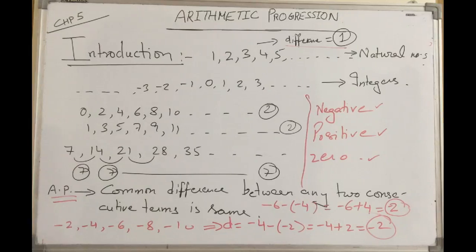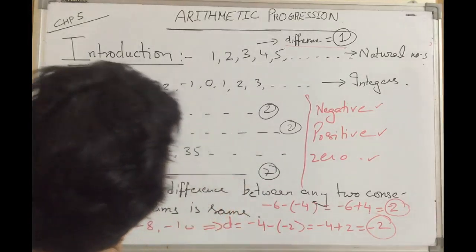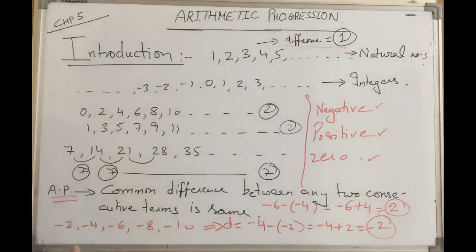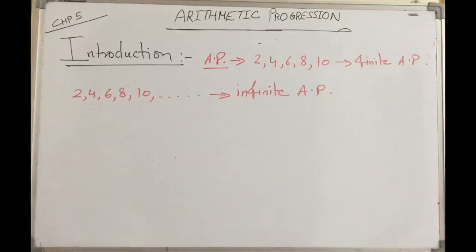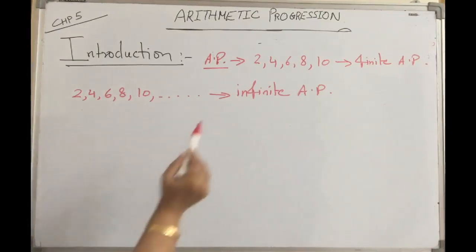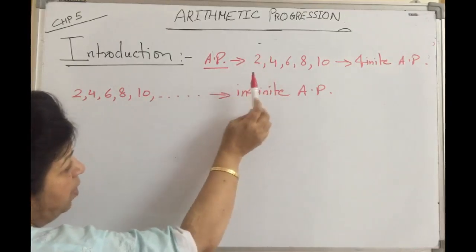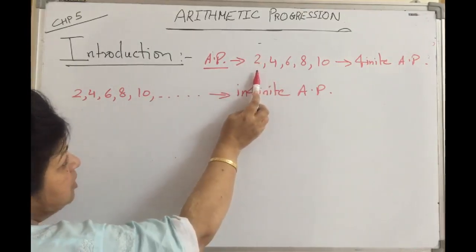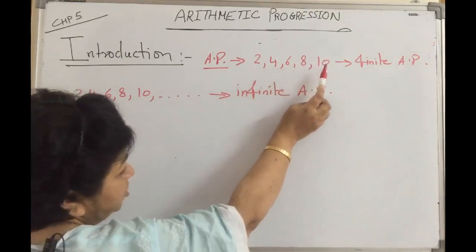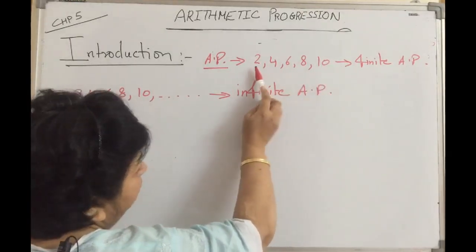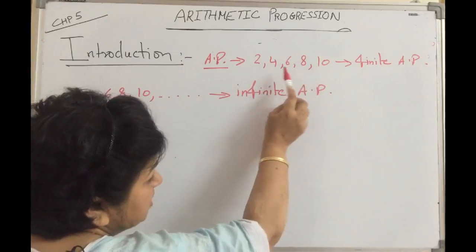Further, we discuss the types of AP. An AP can be finite depending upon the number of terms, and it can also be infinite. I have written the same example of an AP, a set of even numbers 2, 4, 6, 8, 10. That's it, 5 elements in this set.